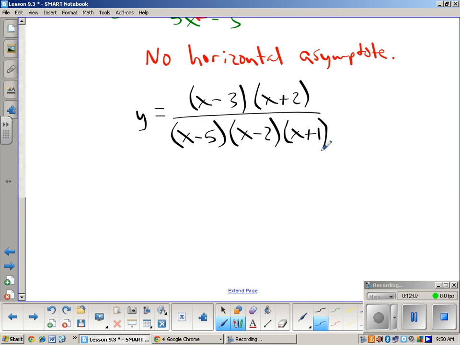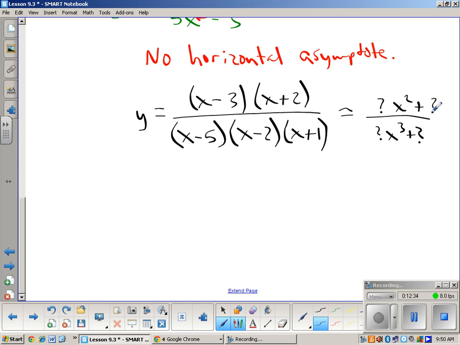Because you have 3 x's in the bottom one, so when you multiply those out, it'll be x cubed. So you're saying if I multiply this, I get something like x cubed in the bottom, and then x squared plus something in the top.